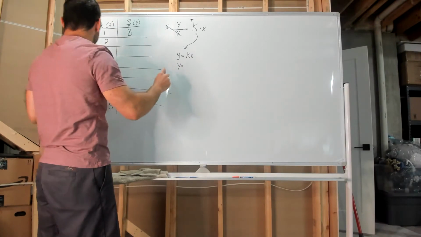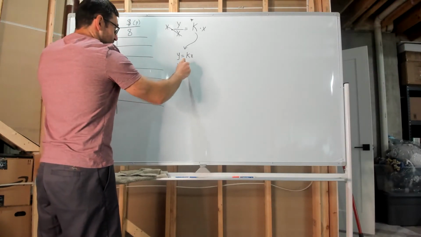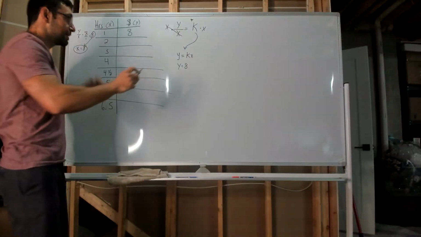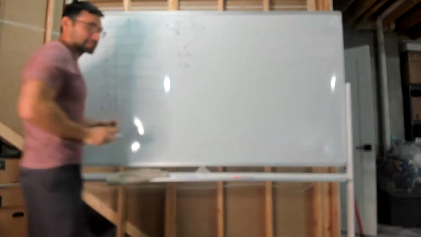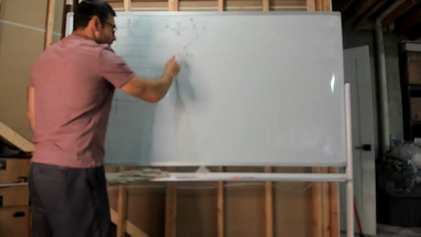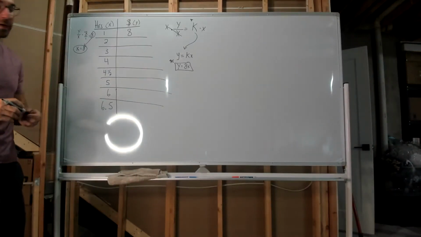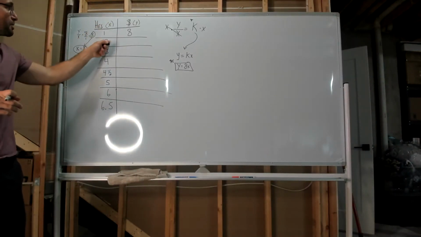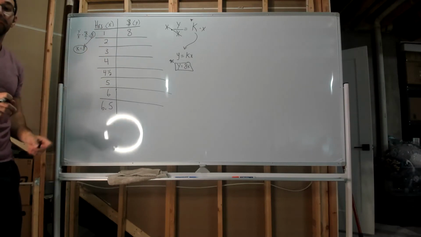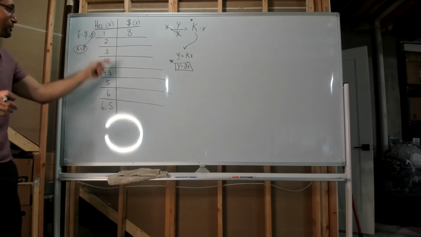Proportional relationships means the constant stays the same. So I have y equals 8x. This is our mammer jammer of an equation. This is the important thing right there. Because now I can substitute in my other values to find the unknowns.